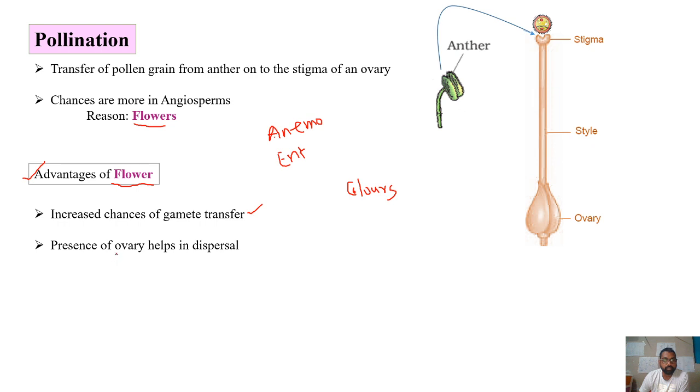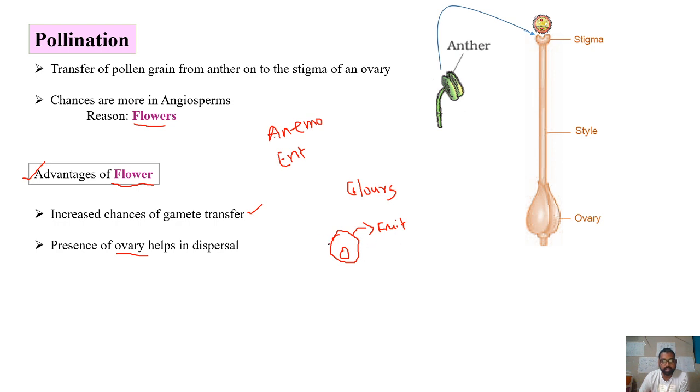Next thing is the ovary, which is present surrounding the ovule. As we have seen in the gynoecium part, the ovule is present inside the ovary, and after fertilization, this ovary is going to develop into the pericarp, that is the fruit wall. So fruit is produced, which you don't see in the case of gymnosperms. These fruits can provide nutrition to the animals, therefore the seeds will get dispersed.